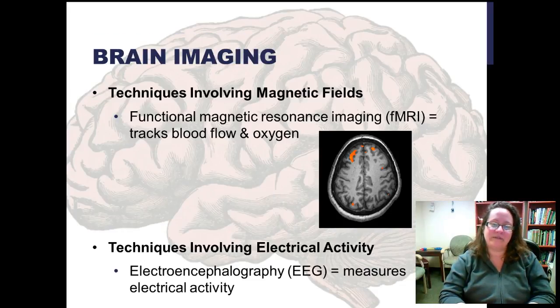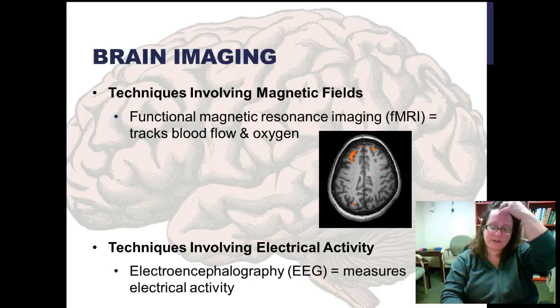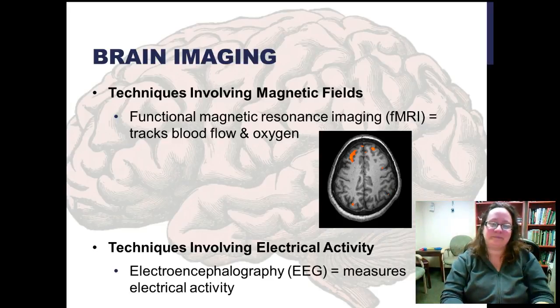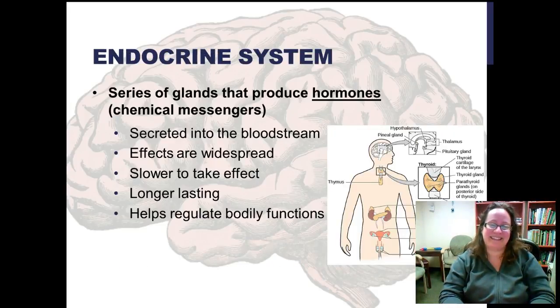But because they do involve radiation, we've kind of relied more heavily now on techniques with magnetic fields, like the fMRI, the functional MRI. So what this does is track both blood flow and oxygen in the brain. We also use the EEG, so those use electrical activity. Those are especially used in things like sleep studies. It's the cap where you see all the electrodes affixed to the scalp. So those are some of the main ways we get images of brains.